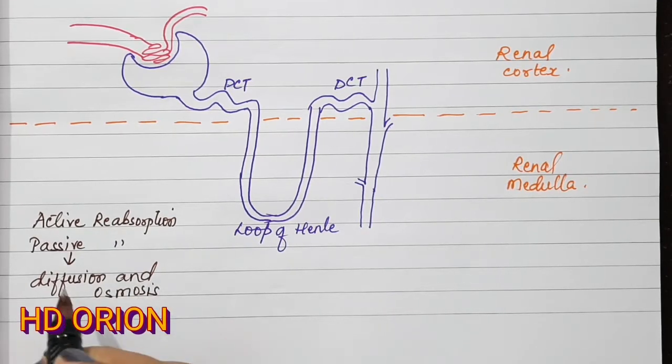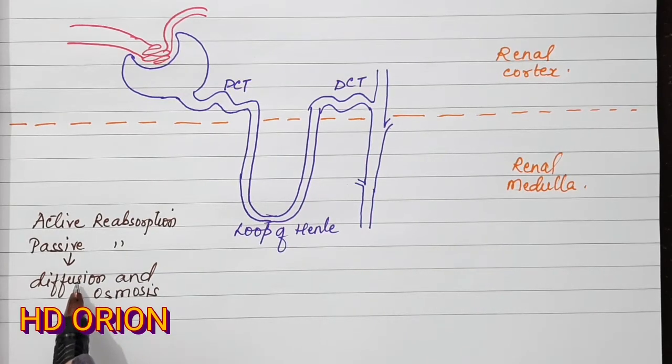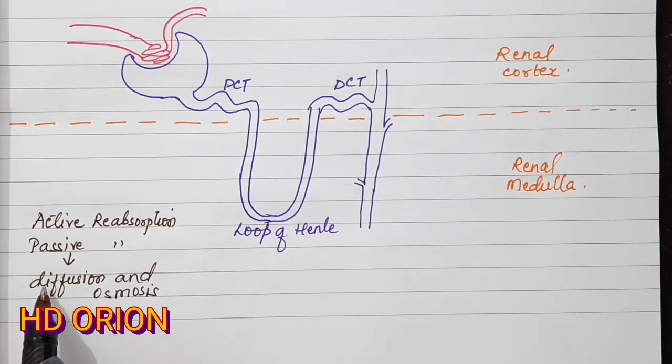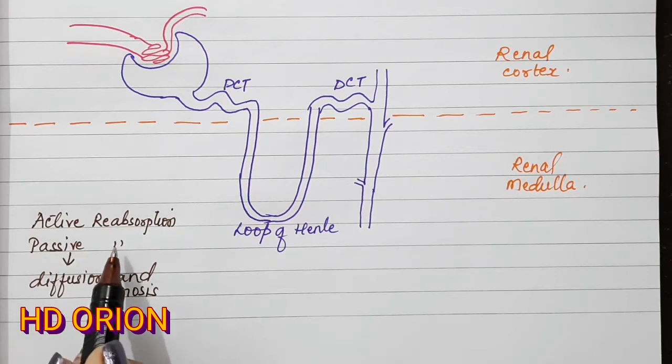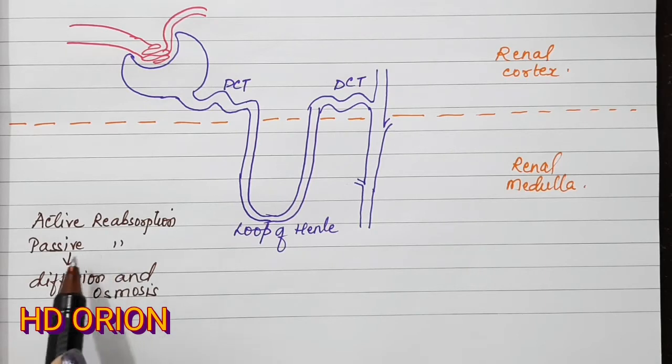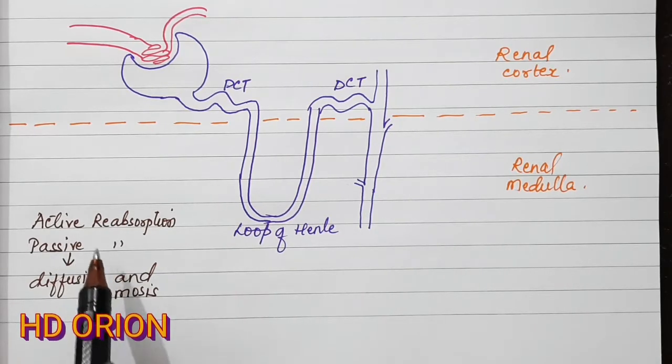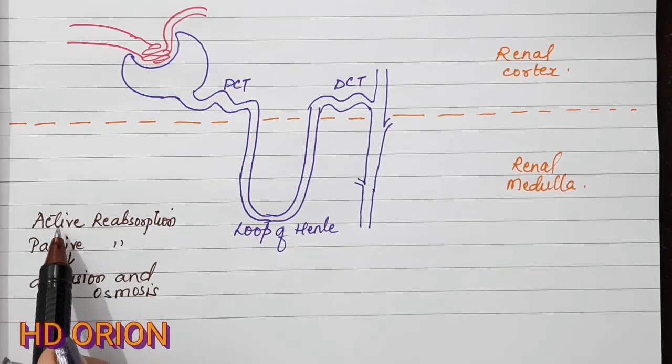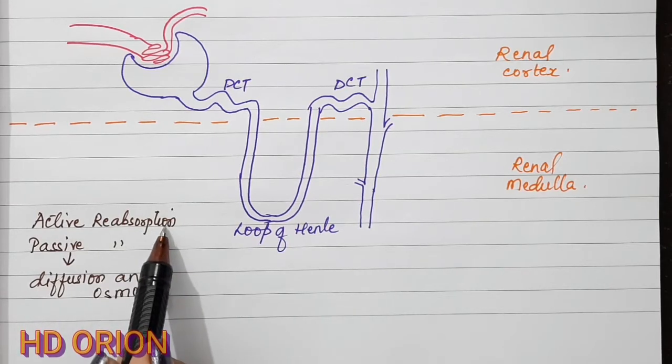And we know that in passive reabsorption, diffusion is the movement of molecules from higher concentration to lower concentration till both the concentrations become equal, and therefore complete reabsorption cannot take place by passive reabsorption, because when both the concentrations become equal, only till that level the reabsorption will take place. But with the expense of ATP, the active reabsorption takes place.